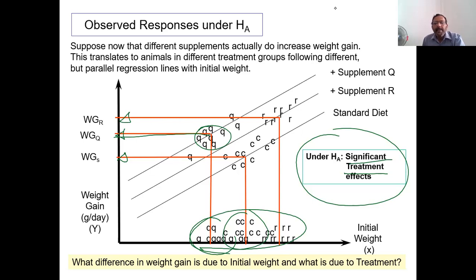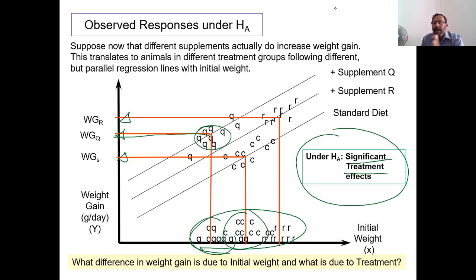All three are at different levels, but still we could say there's a treatment effect. There's a treatment effect, but we cannot visualize very nicely how it is, right? Suppose now that different supplements actually do increase the weight gain.